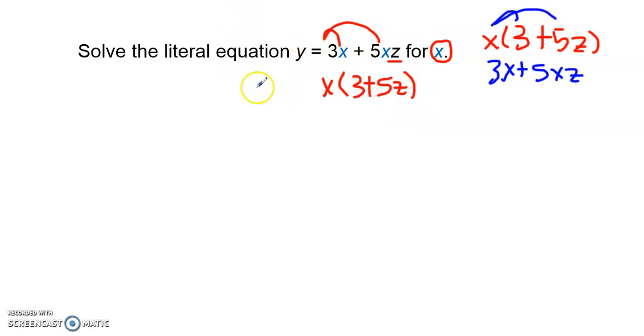Alright, and that leaves us with just y on the other side. Now we have x times all of this in the parentheses. And we want x by himself, and this is multiplying him, so we need to divide by everything in the parentheses on both sides.